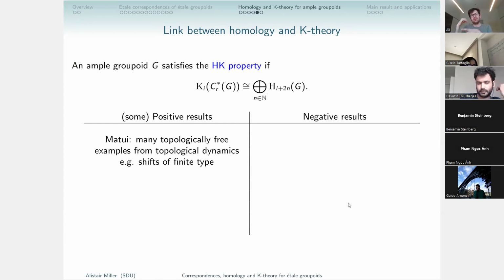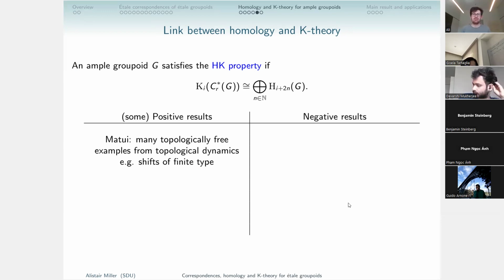It definitely doesn't work just for groups, because there are very easy examples with groups where it fails, particularly if there's any torsion in the group, then you shouldn't expect this. And so the idea was to try to get rid of the group case by putting topologically free as one of your conditions, I think.